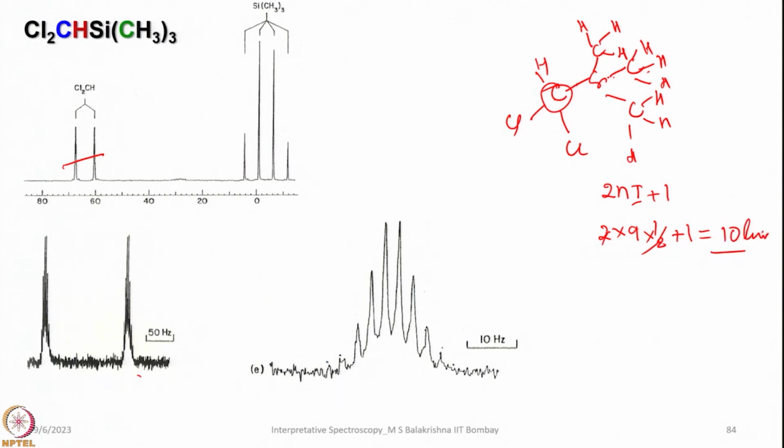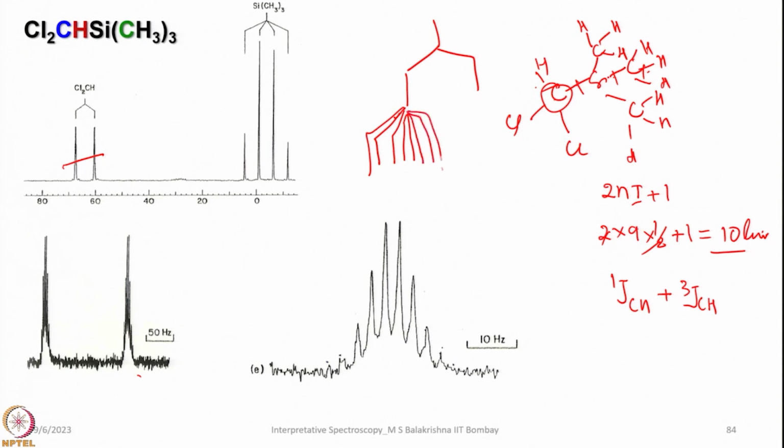So that means you can see 1J CH coupling plus we are seeing 3J CH coupling. So first it will appear as a doublet and each line will be split further, so you will see 10 lines here.